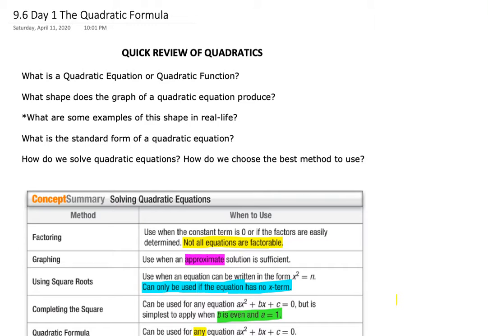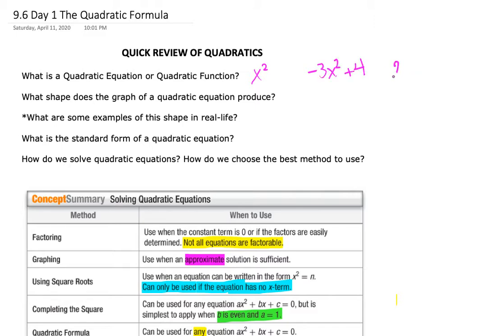So let's first start by just doing a quick review of what quadratics are. So what is a quadratic equation or quadratic function? A quadratic equation or function is anything that has an x squared term in it, okay? So it can be negative 3x squared plus 4.